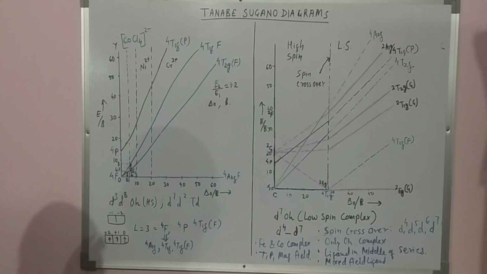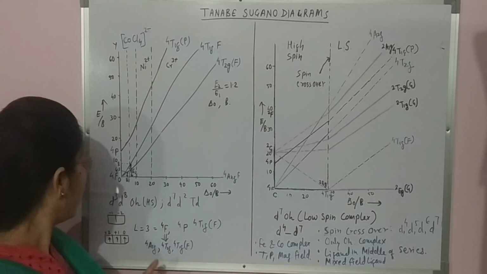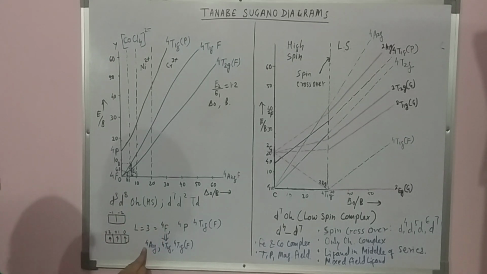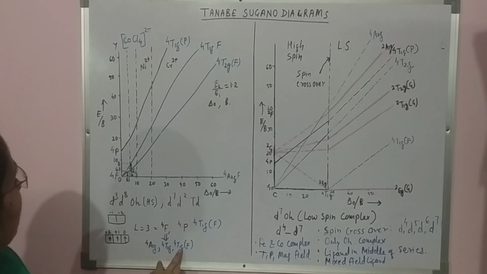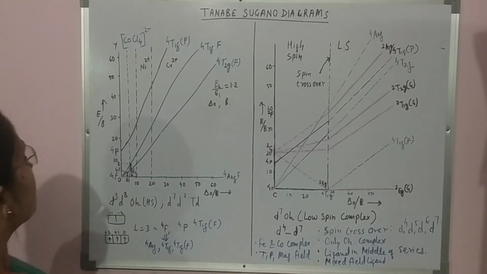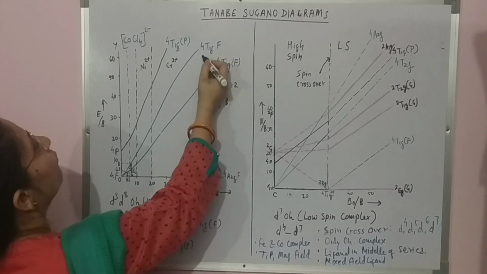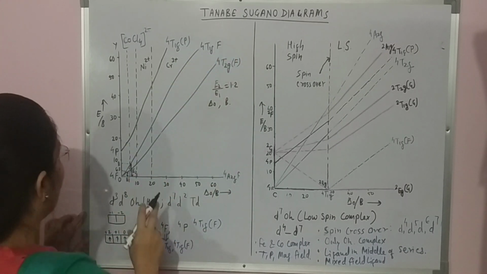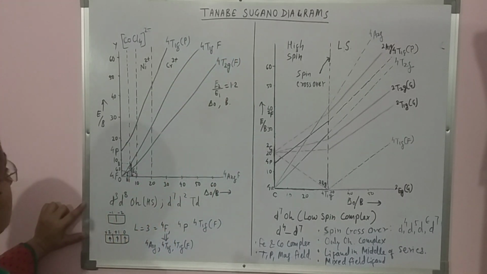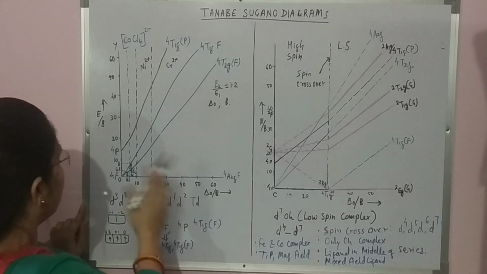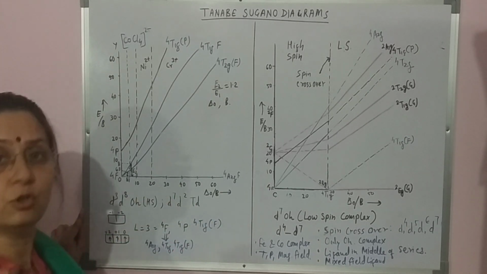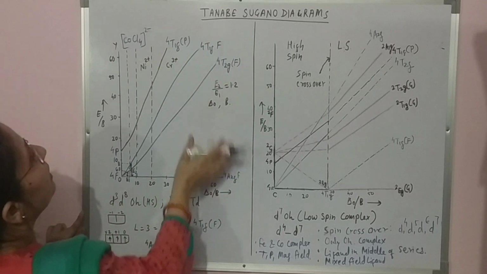Now we already know from the splitting pattern that 4F will have 3 excited states, that is 4A2g, 4T2g and 4T1g. So these 3 states are given here. We already know from the Orgel diagram also, in the earlier case when we were seeing the d2 diagram, it was inverse.